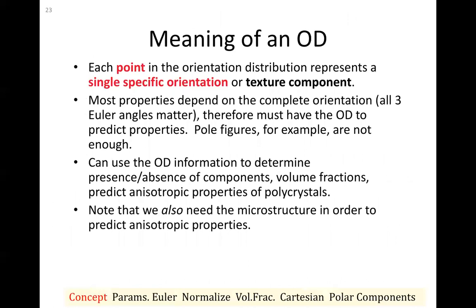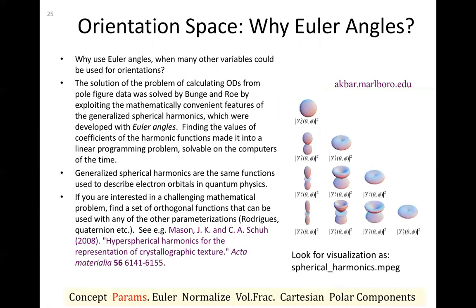So we have an orientation space where each point in that space represents a single specific orientation, right? And we have a probability distribution that's defined on this space. So evaluating our ODF for an orientation gives us the probability of finding that orientation in our sample, right?